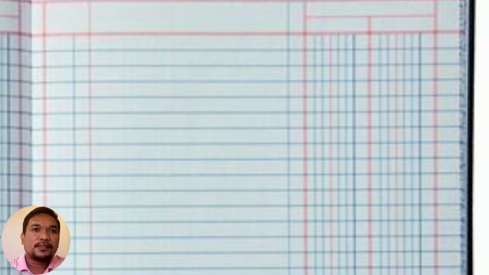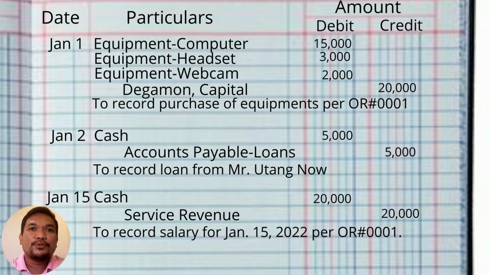Okay, so let's go back to the ones we have made in part 2 of this video, the journal entries. Again, as you can see here, meron tayong mga entries na nagawa dito. So in the ledger, gagawa tayo ng ledger specifically for each account. Like for example, gagawa tayo ng ledger for equipment. Naka-separate ang computer, headset, and webcam.